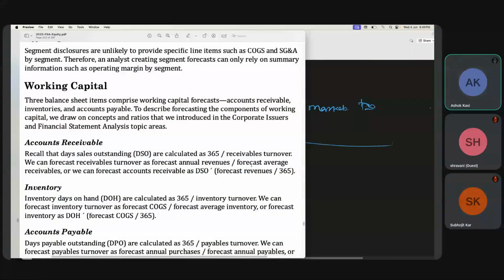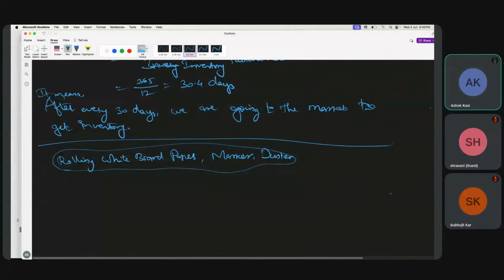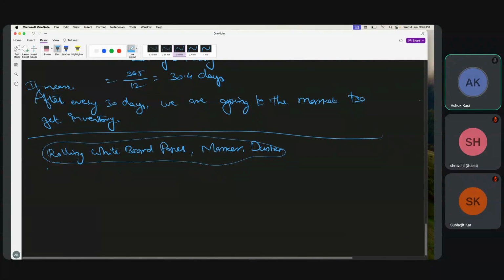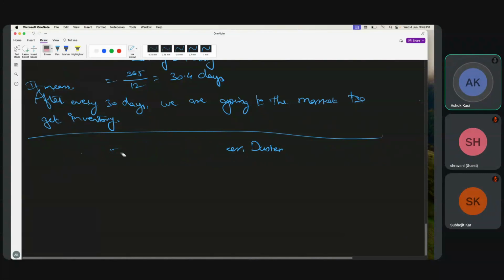Now, there is one more small topic continuing this. There is something called CCC, that means cash conversion cycle.